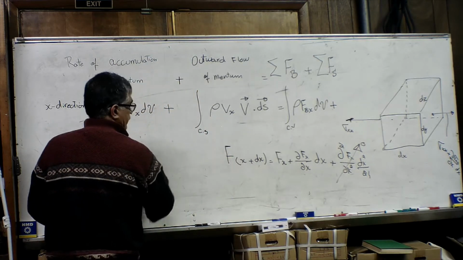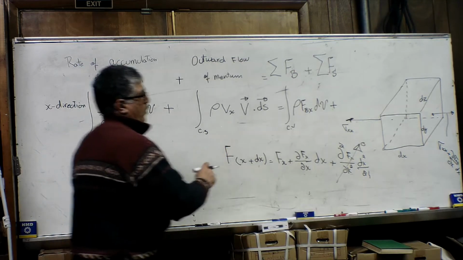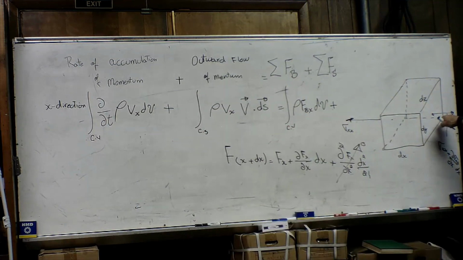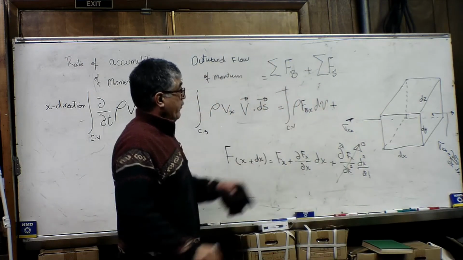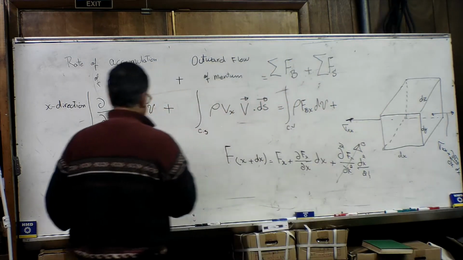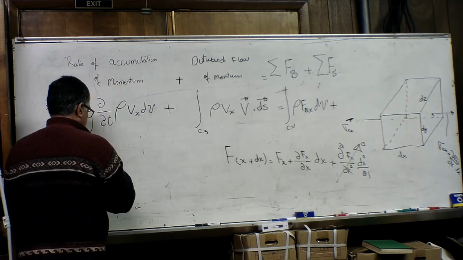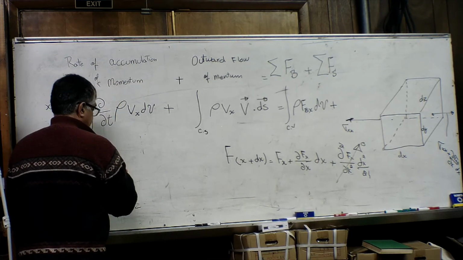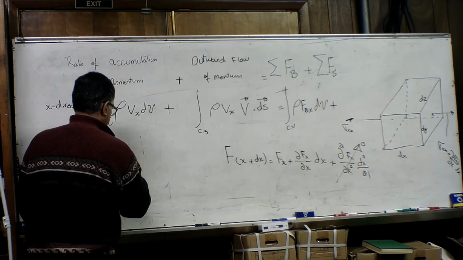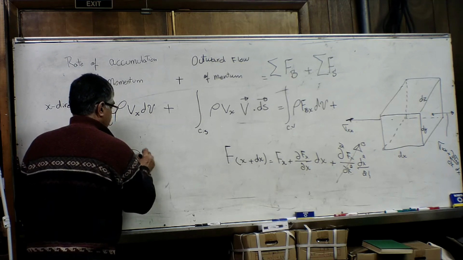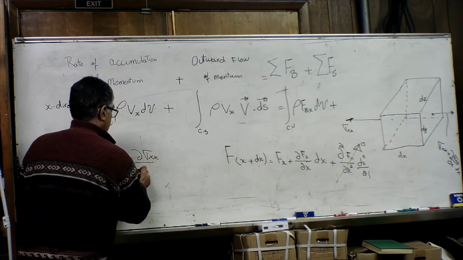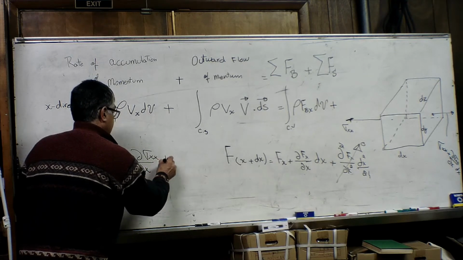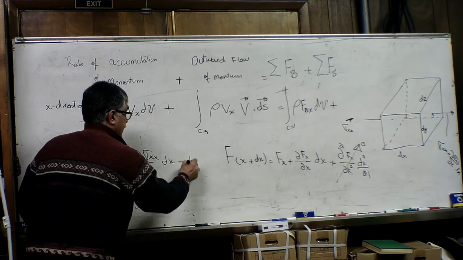Now we are looking at the x direction. The forces in the x direction, the stress in the x direction for sigma xx, we can write as sigma xx plus the partial derivative of sigma xx with respect to x times dx, minus sigma xx.